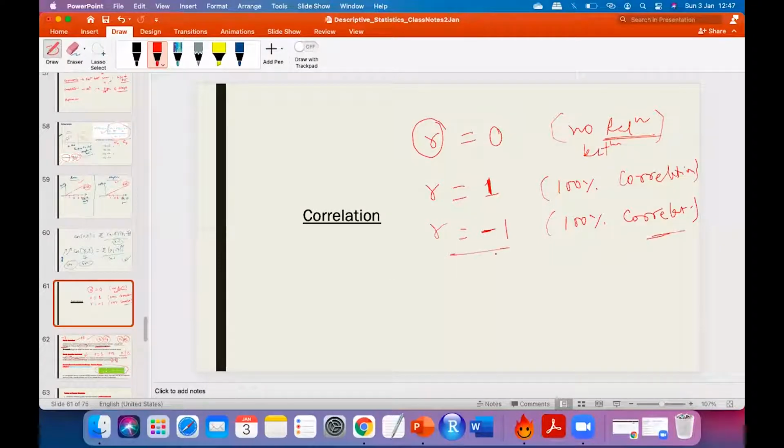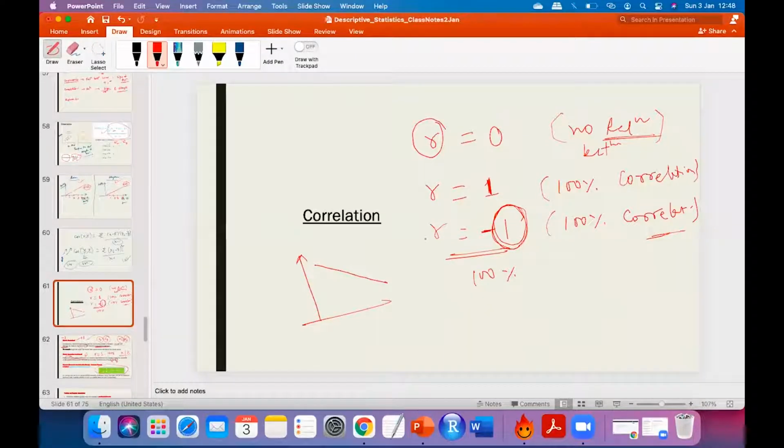That means if one variable is increasing, another variable is decreasing. If this type of thing happens, it is negatively correlated. And if the magnitude of strength is 1, that means 100% negatively correlated. If you plot it and the relationship comes to be like this. Clear?